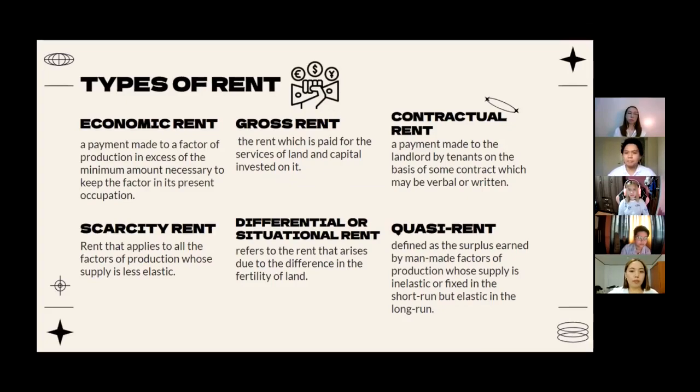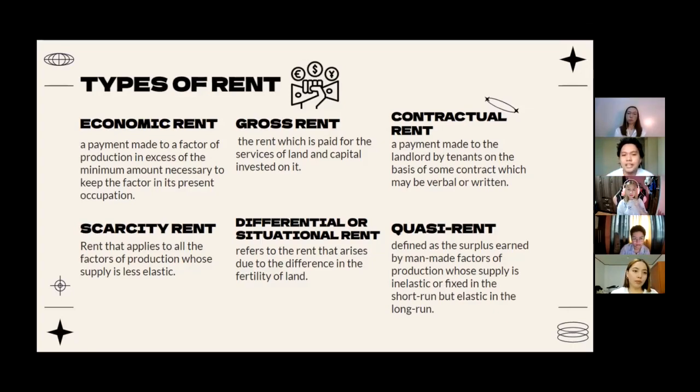So these are the different types of rent. First, we have economic rent. Economic rent is the payment made to a factor of production in excess of the minimum amount necessary to keep the factor in its present occupation. Next we have the gross rent.